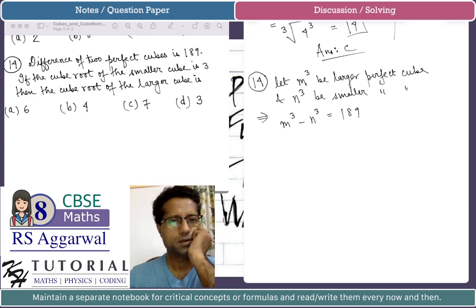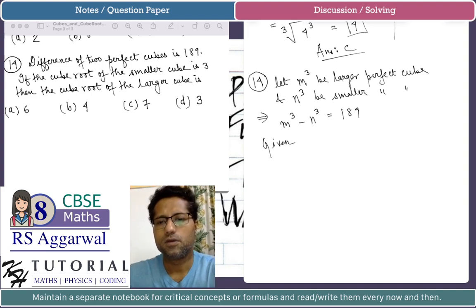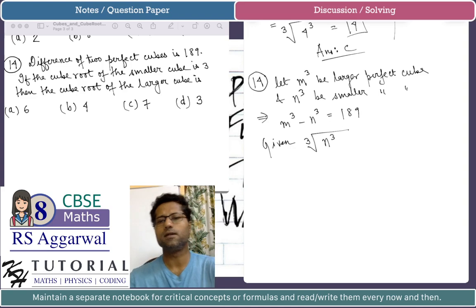Okay. Now it is given that the cube root of the smaller cube is 3. The smaller cube is n cube, because we have already assumed that m cube is the larger perfect cube and n cube is the smaller perfect cube.